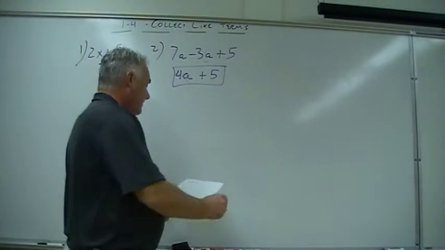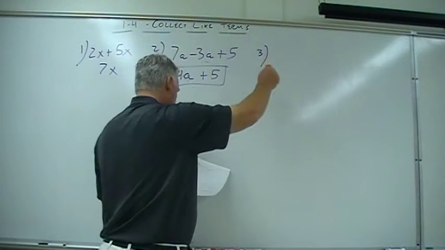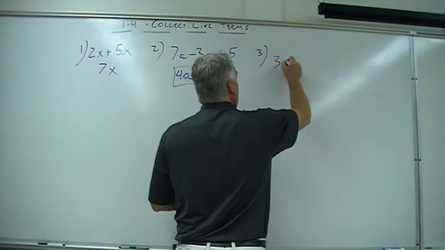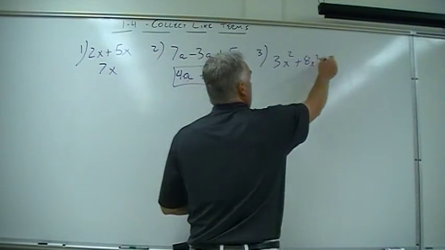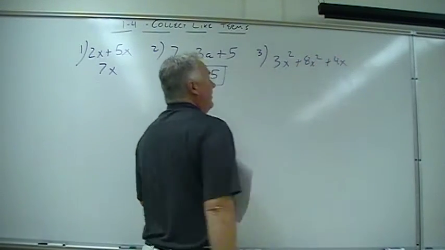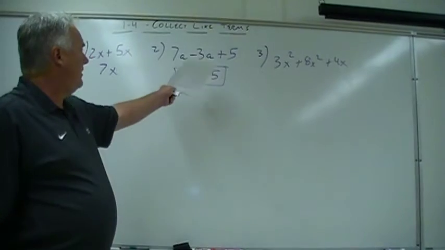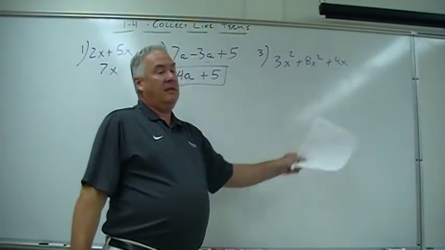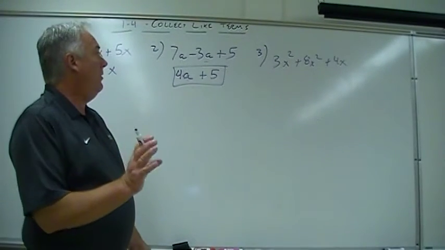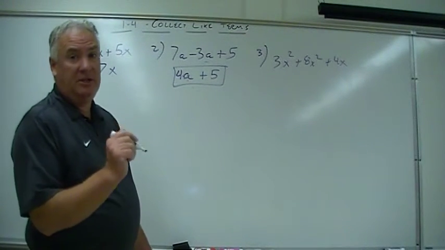Okay? 3. So this one is similar to this one where we have like terms here but unlike terms there. However, they're both x's, so I wanted to make the distinction on that.